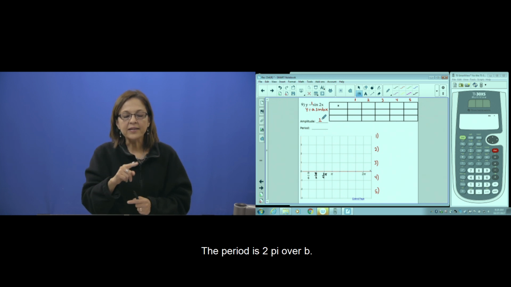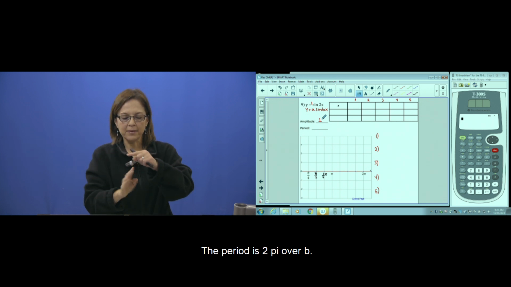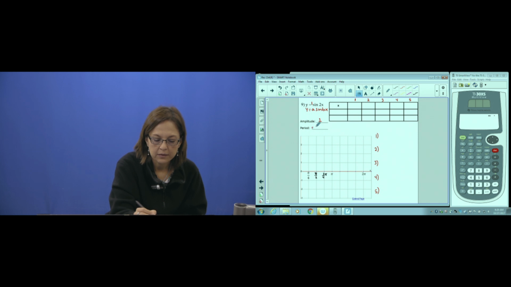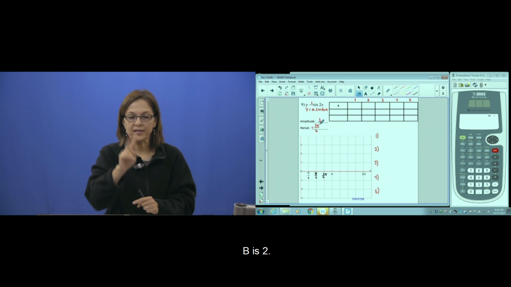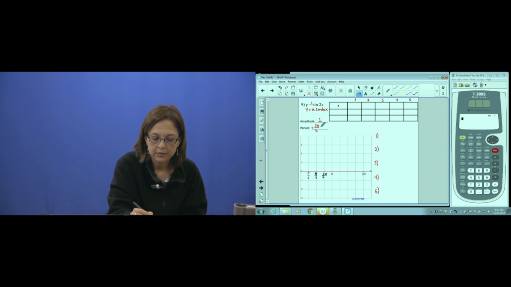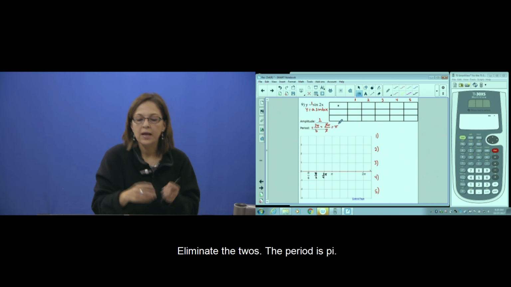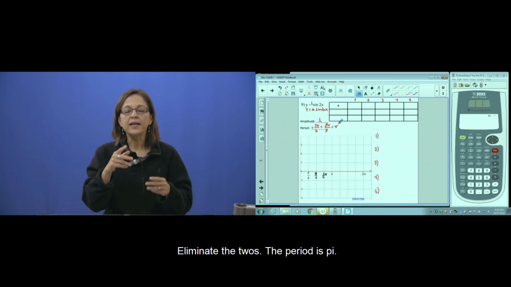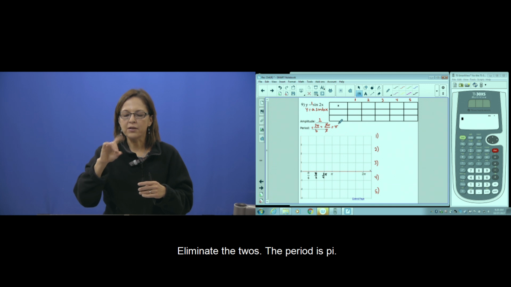Period is 2 pi divided by b. B is 2. Cancel the 2, and period is equal to pi.